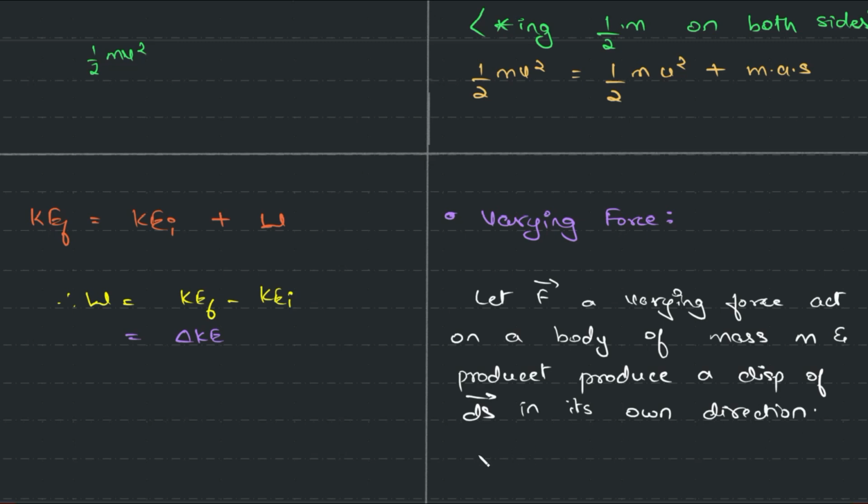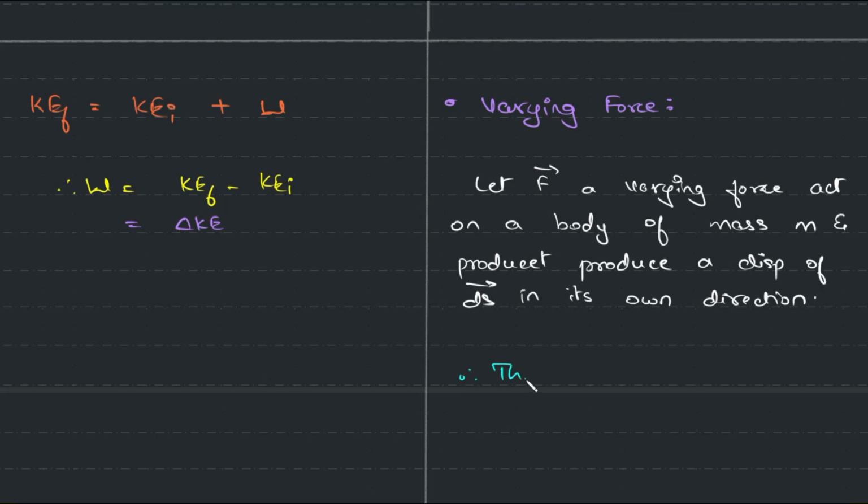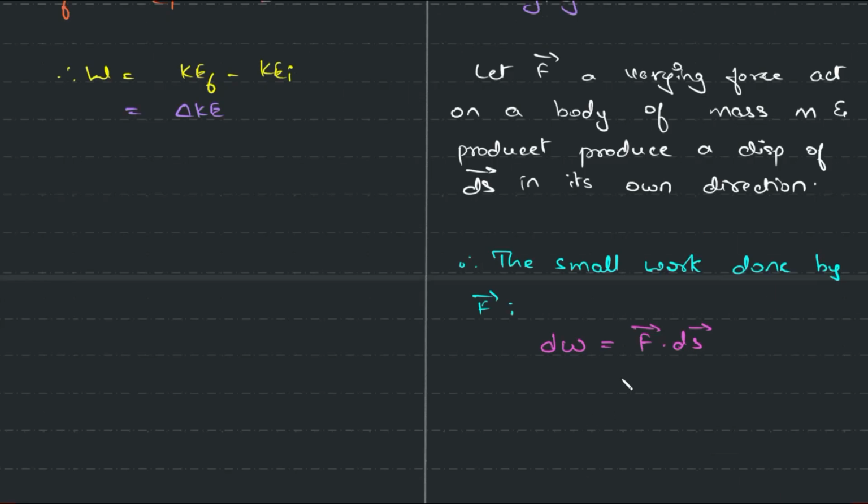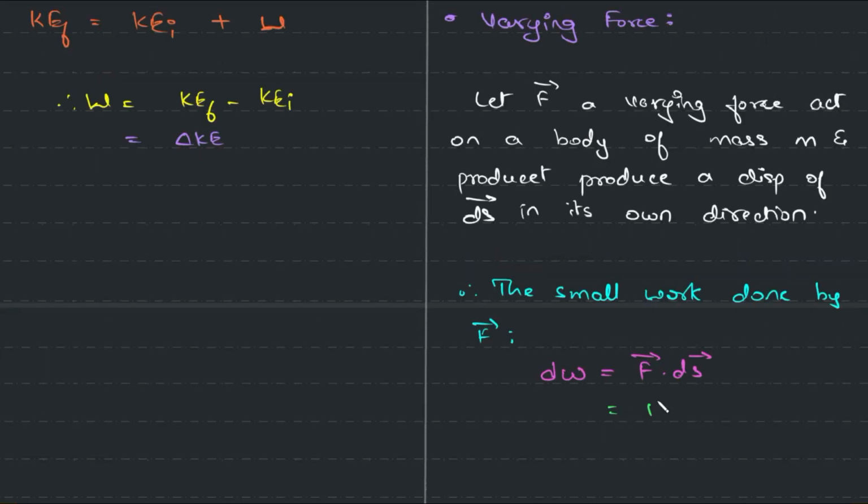So the small work done by F will be what? dW will be equal to F dot ds, right? But theta is 0 degrees because it's in its own direction. So this will be F into ds.